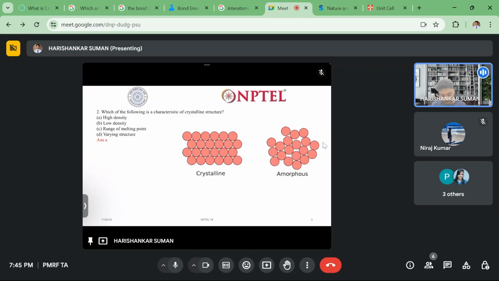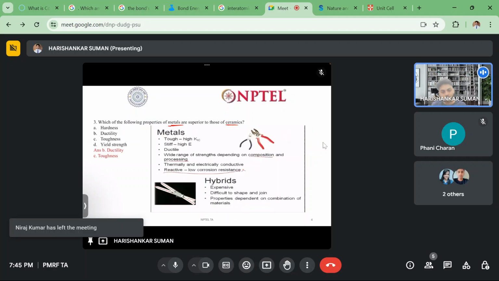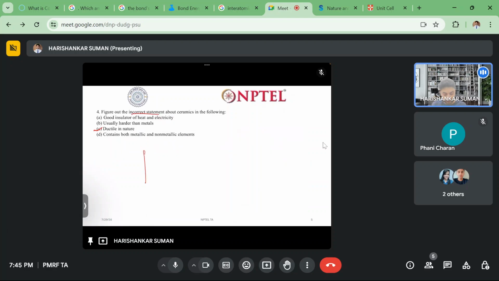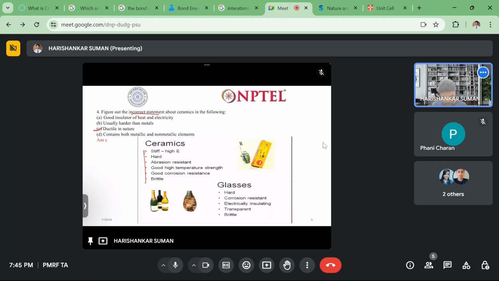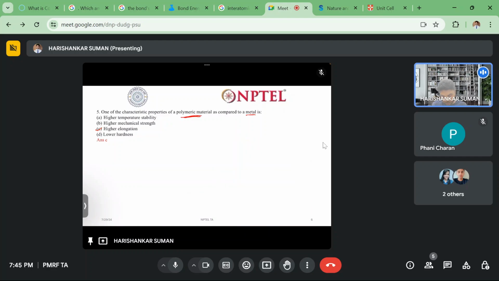Then metal and ceramics comparison. Then a statement about ceramics properties. So learn about these properties of metal, ceramics, glass, polymer.